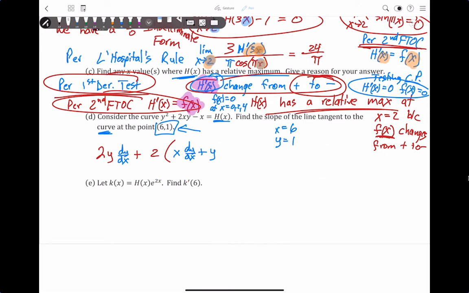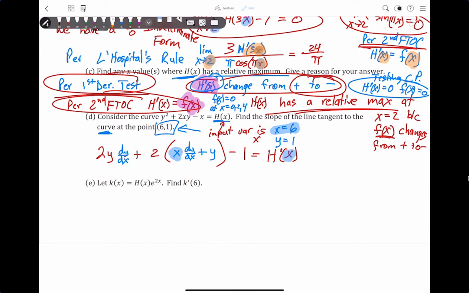And then we have minus 1 because we're in respect to x, our input variable is x. That way I know that this is going to be a minus 1 and not a minus dx, is equal to h prime of x. I know this is kind of weird because you're used to seeing just dy's everywhere and not this h prime of x. So this is a clever question because we're looking at the input of 6 for all of our x values.